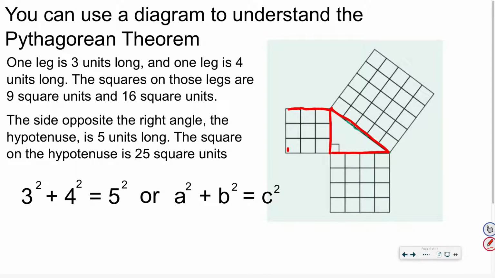That's why we have a square here. This side is 4, so 4 squared makes 16. And 9 plus 16 equals 25, which is the hypotenuse squared, 5 squared. That will always happen. So that's how you can show it visually.